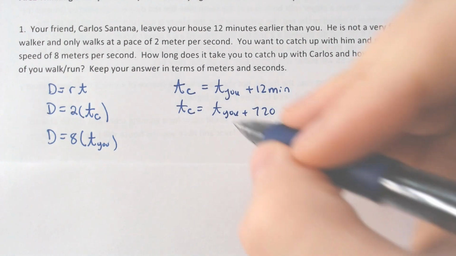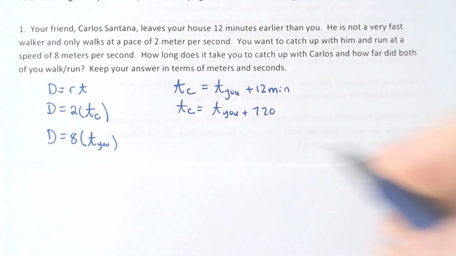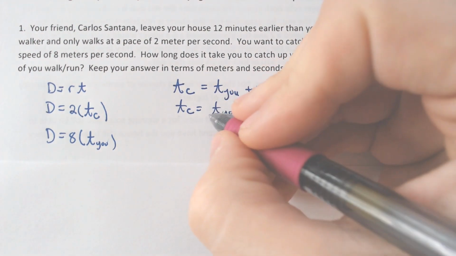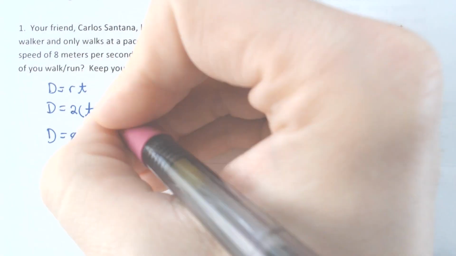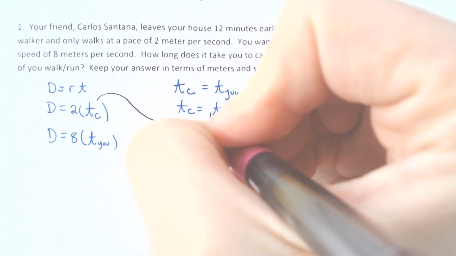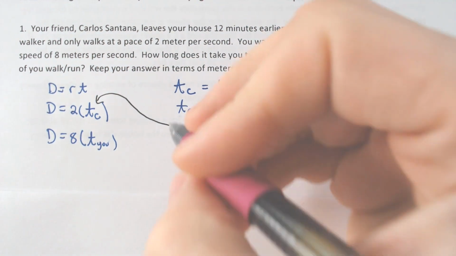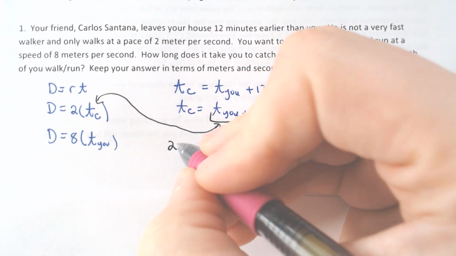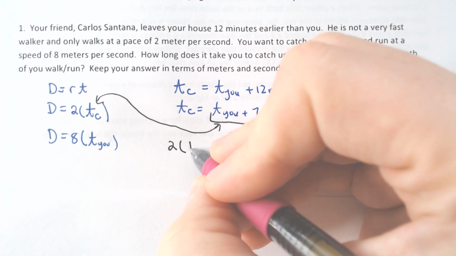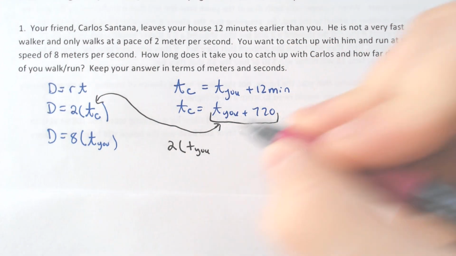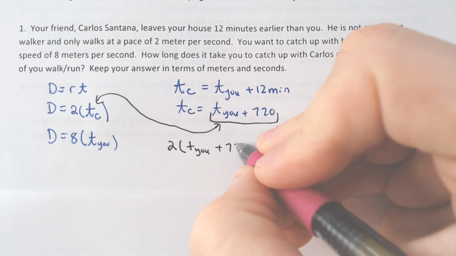All right? Now that we know that T sub C is equal to that, you can substitute it in for this T sub C. So you can plug that in. That would indicate that we would have 2 times T sub U, or your time, plus 720.